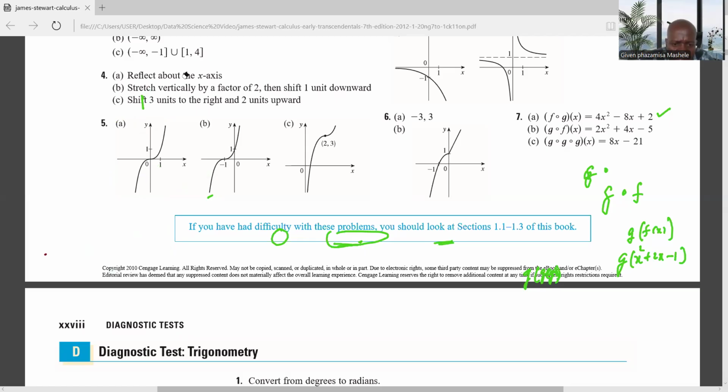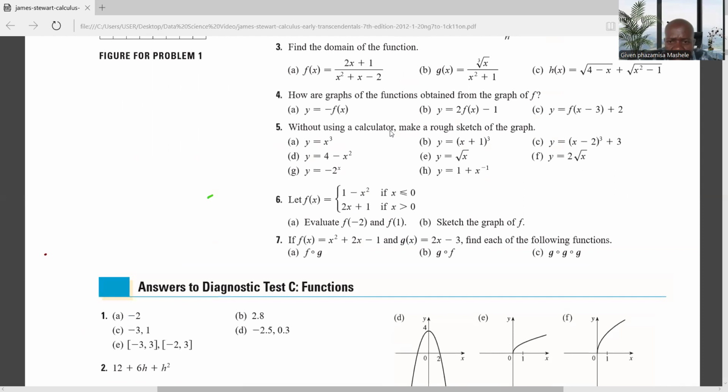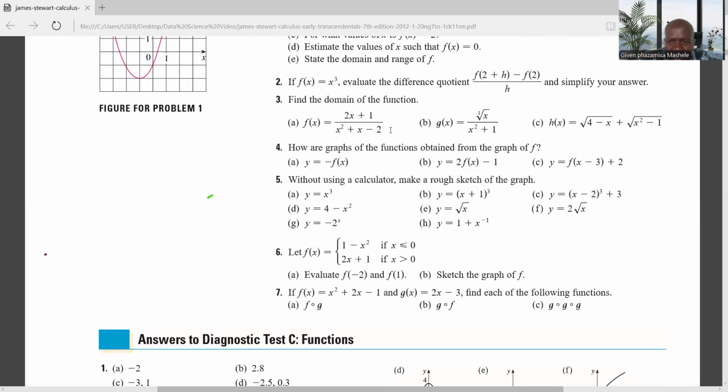So this is just the basics, ladies and gentlemen. You need to make sure that you familiarize yourself with what I've already told you. For example, if you look at this, they say, how are the graphs of the functions obtained from the graph of f?